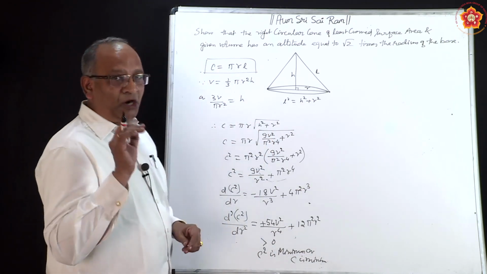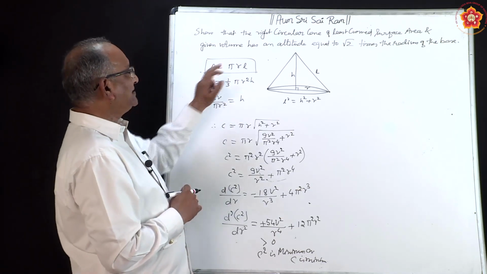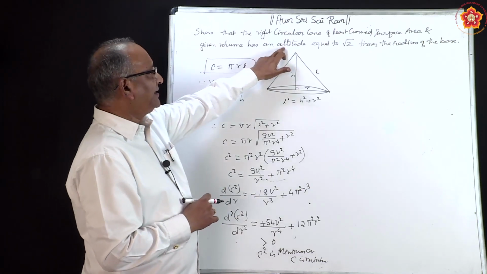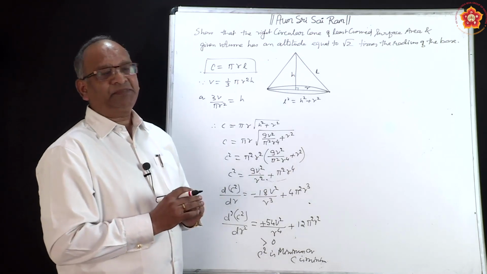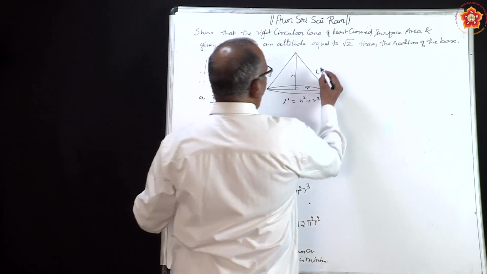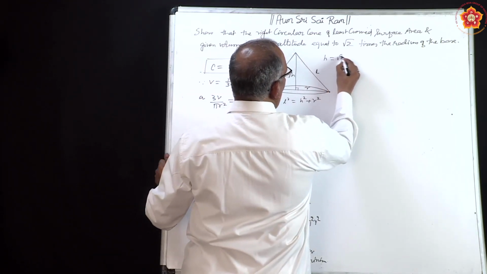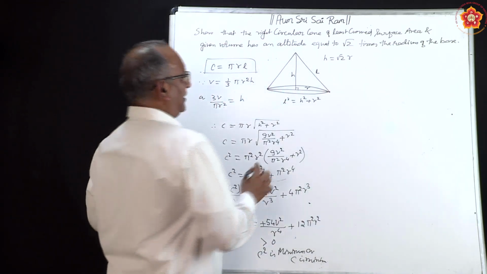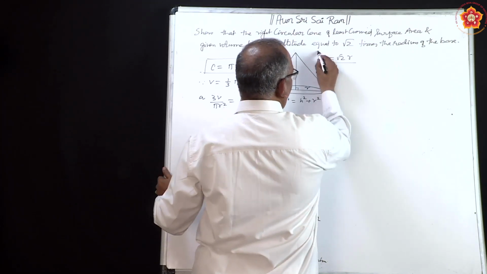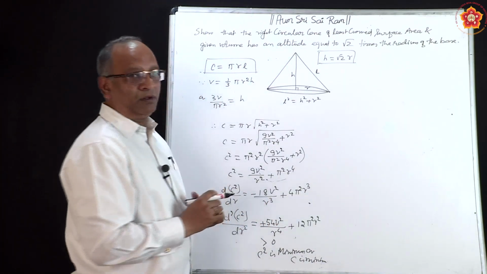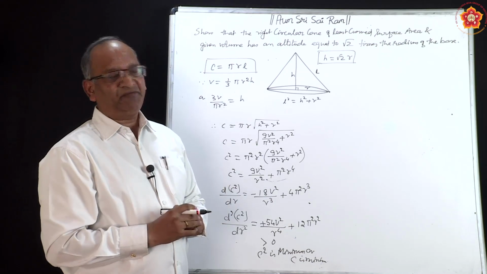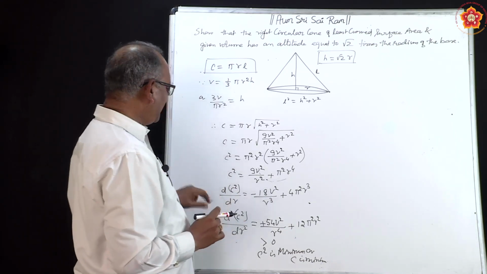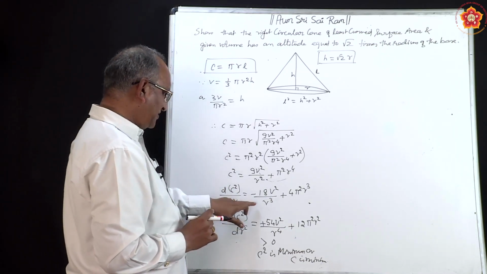But in order to prove the second part, what is he asking us to prove? He says that the altitude is equal to root 2 times the radius. It means what we actually want to prove is h equal to root 2 r. In order to get this result, we will equate the first derivative with 0, which is this one.